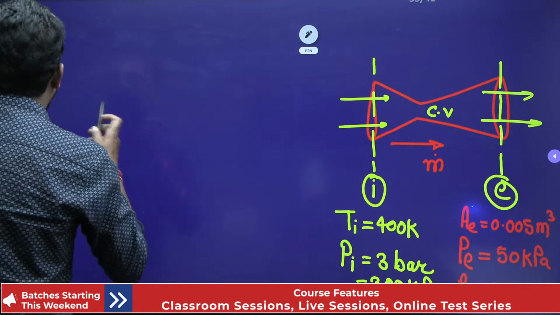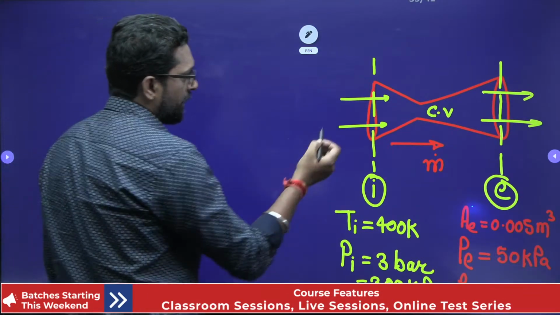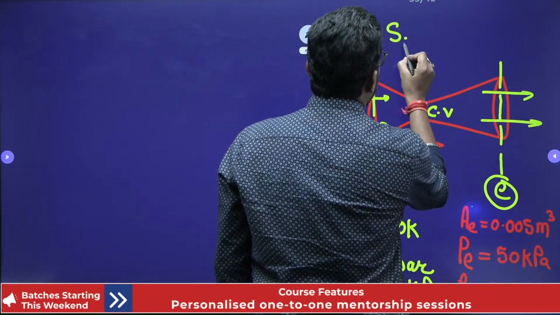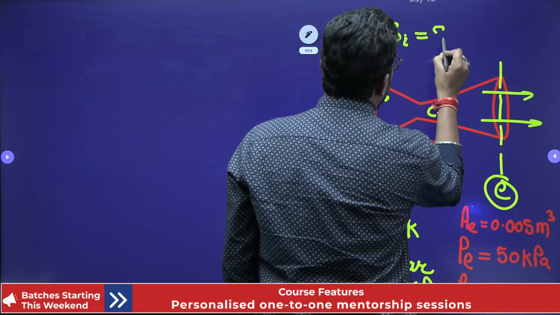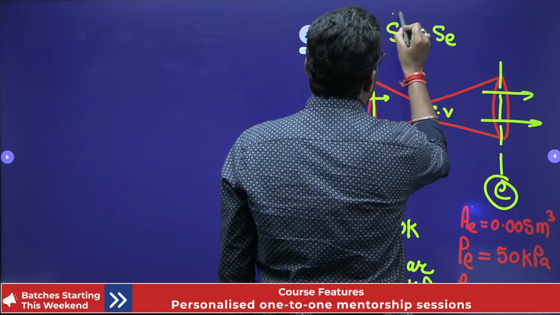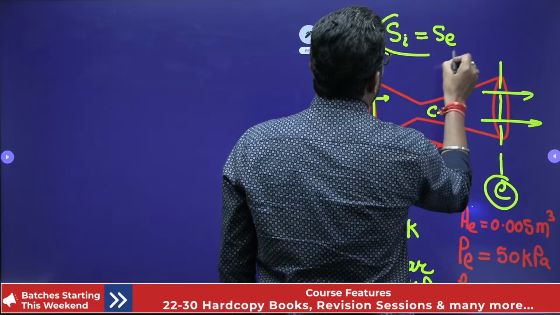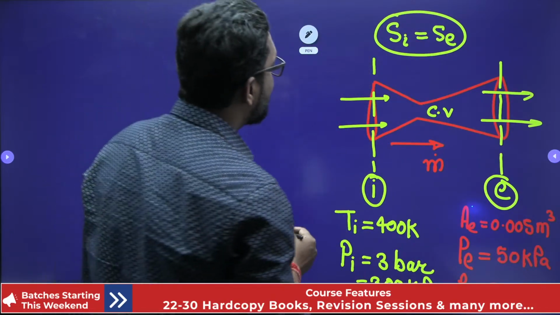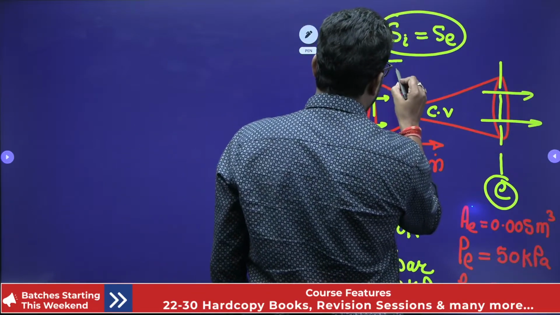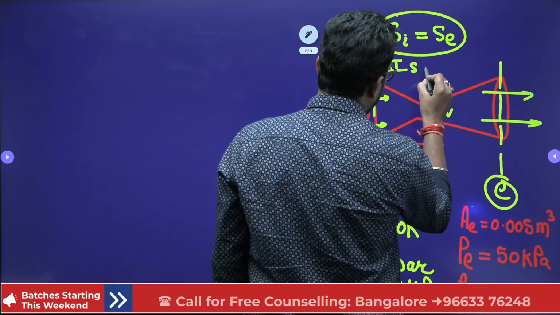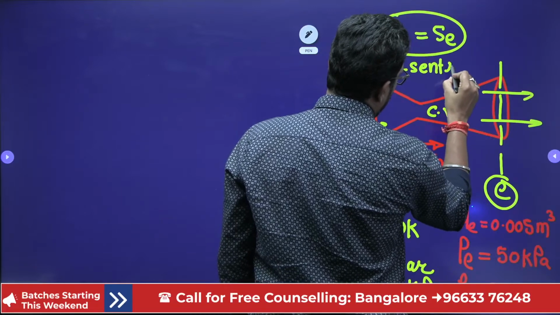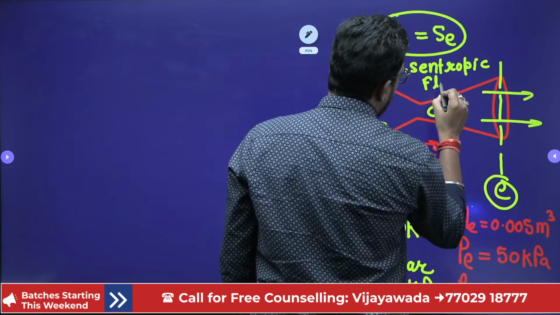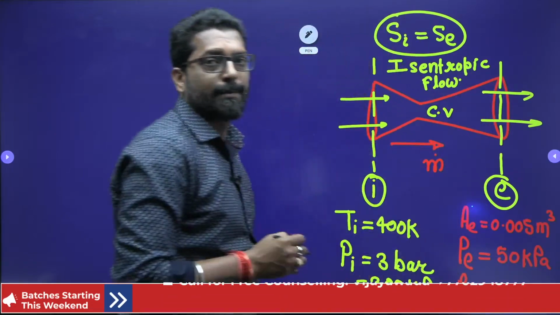For the nozzle, Si is equal to Se. The entropy at exit is the same as the entropy at inlet. That means this is an isentropic flow. And generally isentropic flow is reversible and adiabatic.